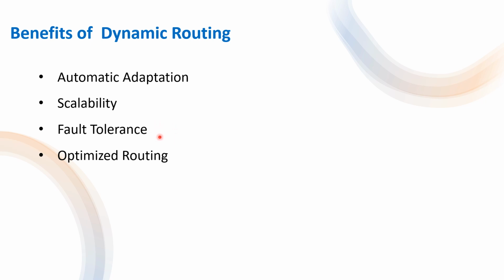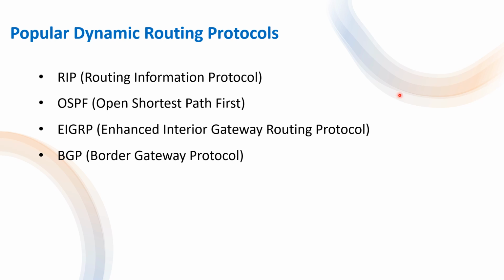It quickly adjusts to network failures or changes, maintaining network reliability and minimizing downtime. Optimized routing: it continuously calculates the best paths for data, considering factors like path cost and network congestion to ensure efficient data transfer.